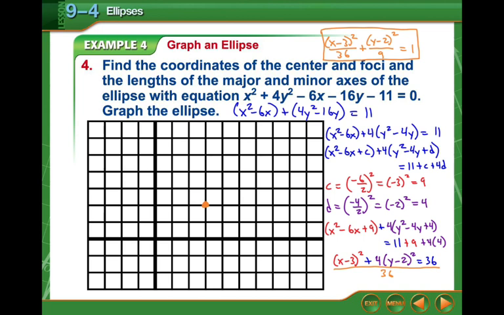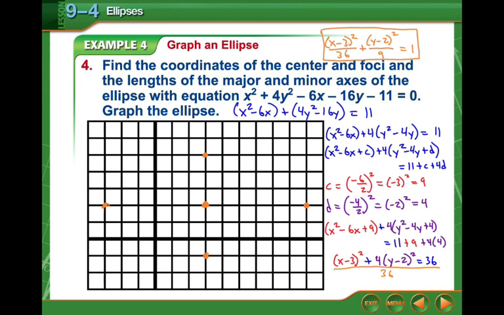So x being first means it's horizontal, and the 36 being on the bottom means that our a value is 6, because the square root of 36 is 6. So both to the right and to the left, we're going to go out 6. And then the square root of 9 is 3, so we're going to go up 3 and down 3 for the other point.